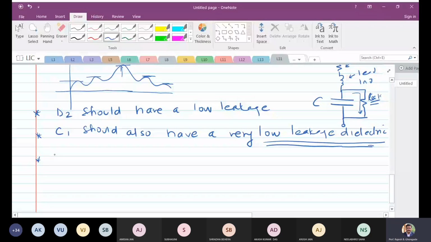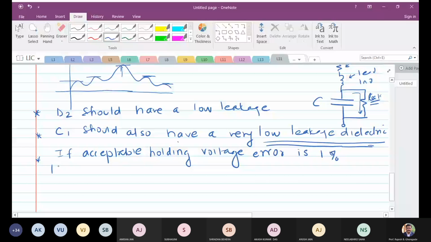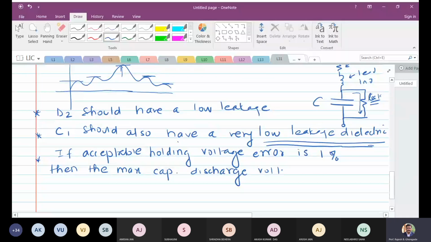If the acceptable holding voltage error is 1%, then the maximum capacitor discharge voltage is calculated as 1% of the peak value.